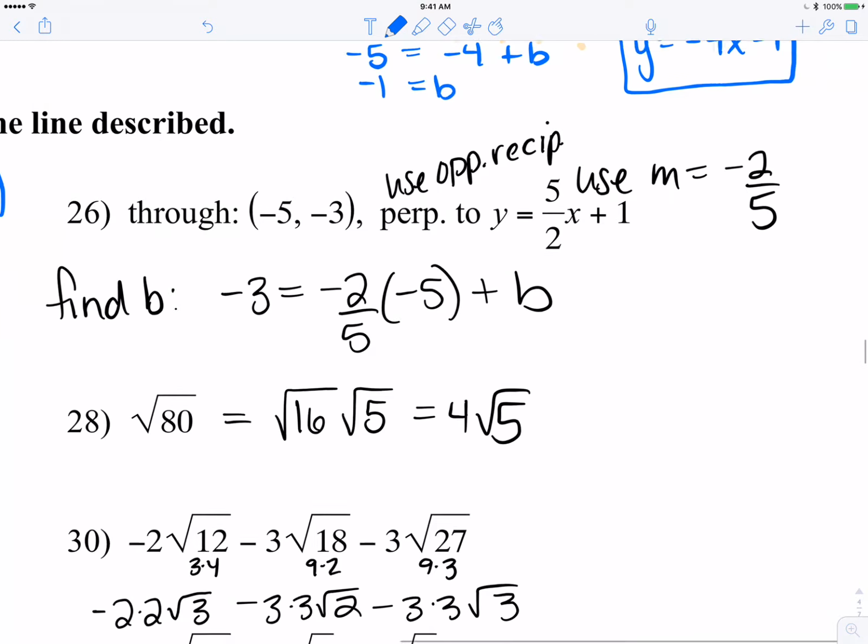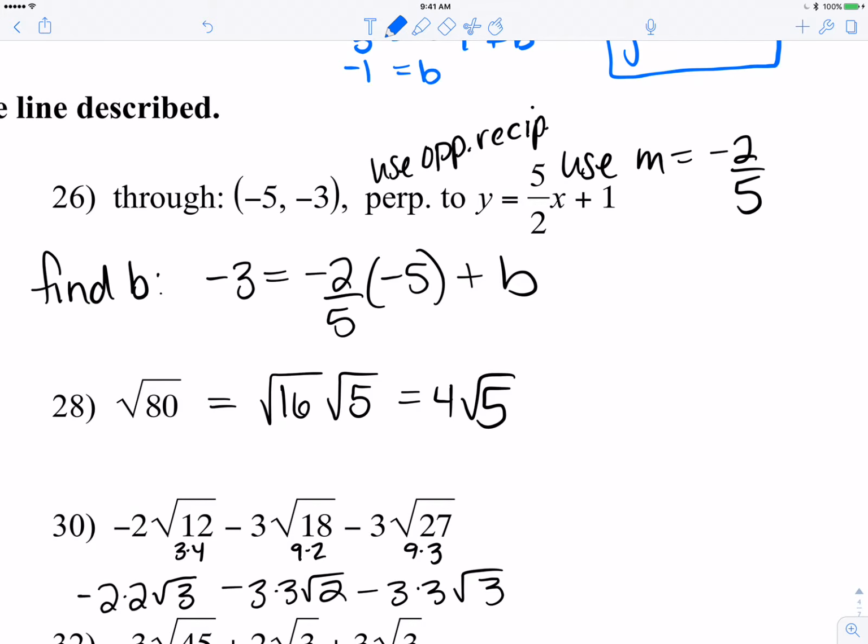And number 26. You have this x and y value, -5, -3, and you're going to use a slope of -2 over 5, because this time the equation that's related is perpendicular. That tells us to use the opposite reciprocal slope. So you take 5 over 2 and you use its opposite reciprocal. That's negative 2 over 5.